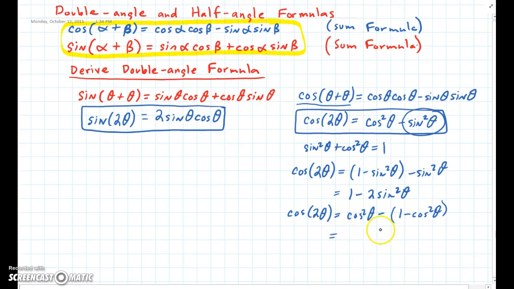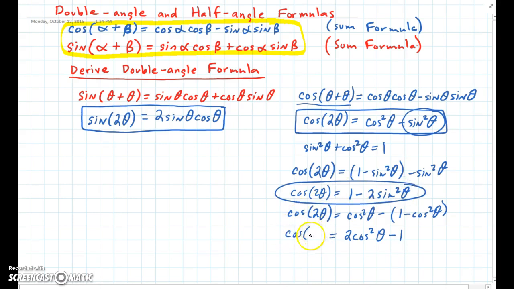Then I can distribute, and eventually I'd get 2 cosine squared theta minus 1. So you can see there are 3 different variations of the double angle formula for cosine.